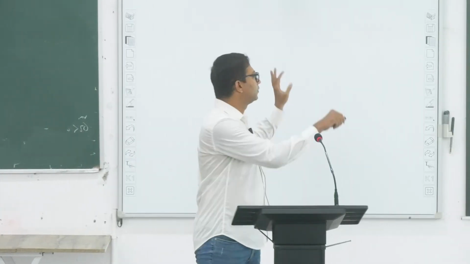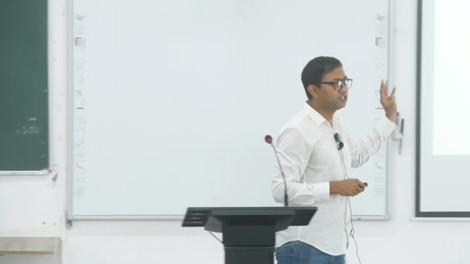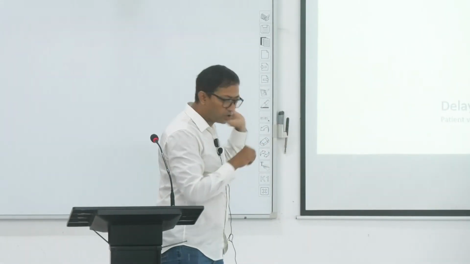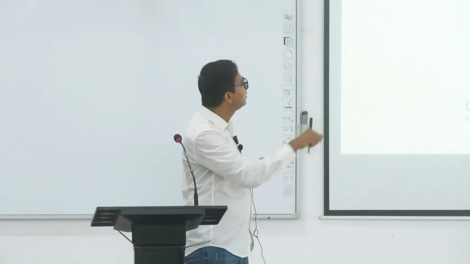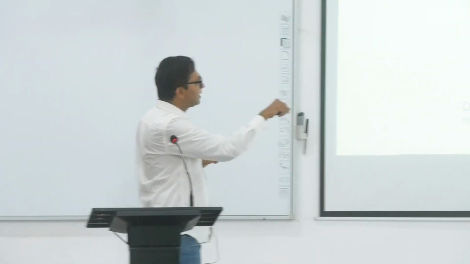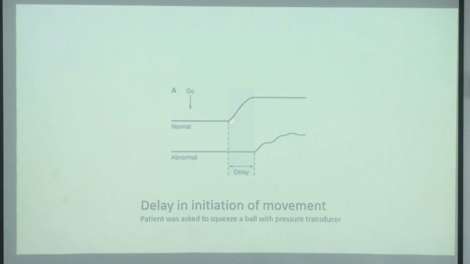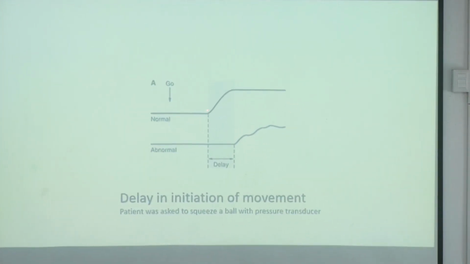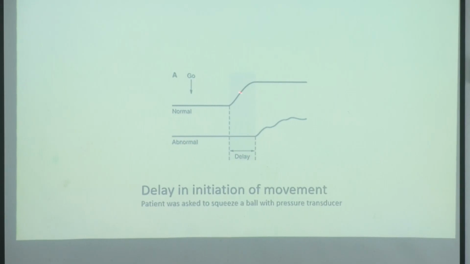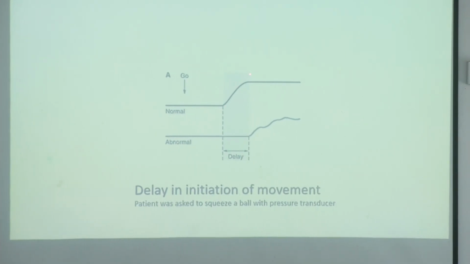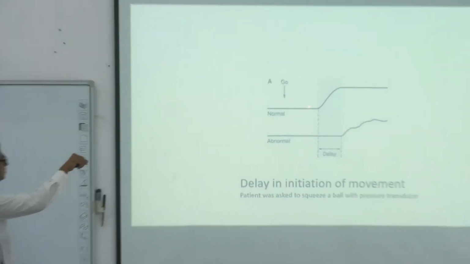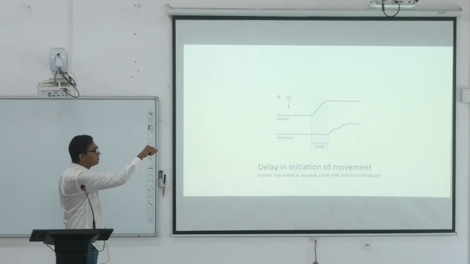Okay. So number 1, delay in initiation of movement. Draw this curve. Above is normal and this is abnormal. Here is the point where the movement is started or squeezing the ball is started. So pressure increases in a smooth manner and it is maintained.